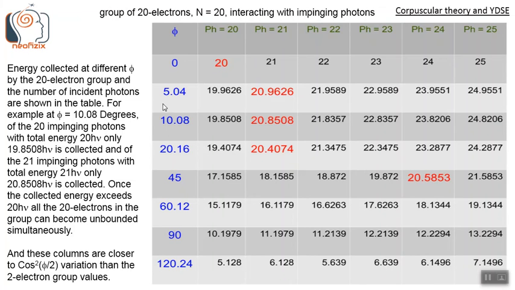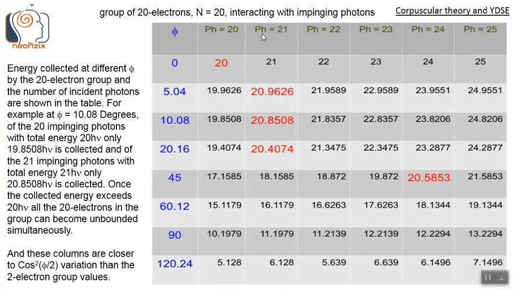So the energy collected at different phi by the 20 electron group and the number of photons incident are shown in this table. For example, at phi equals 10.08 degrees, of the 20 impinging photons with total energy 20 h nu, only 19.8508 h nu is absorbed or collected.